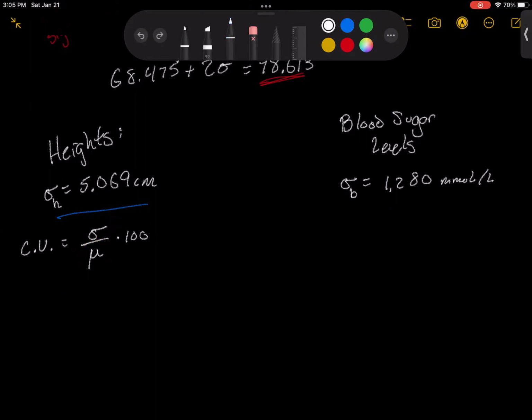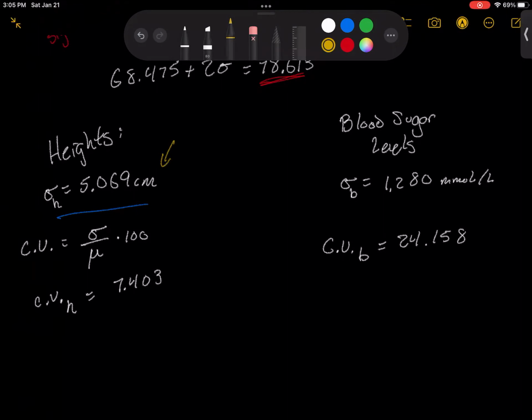Let's do this. My coefficient of variation for the heights is 7.403, right? No units now. My coefficient of variation for the blood sugar levels is 24.158. Again, no units. So here we can see that even though the heights had a higher standard deviation, it's just because the data was measured with higher numbers.